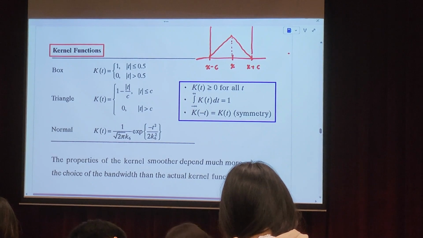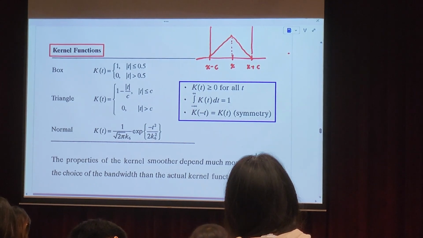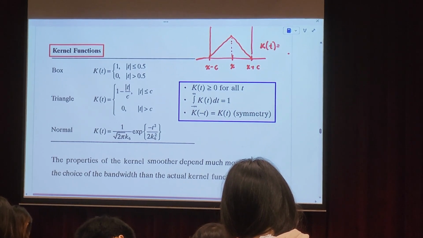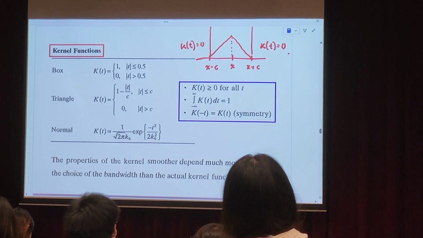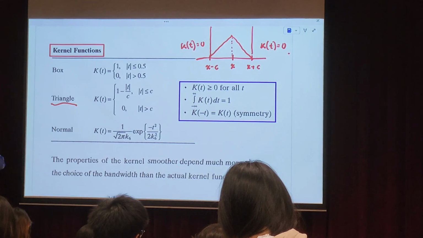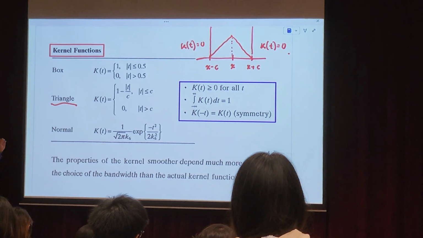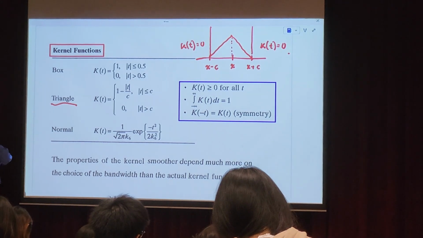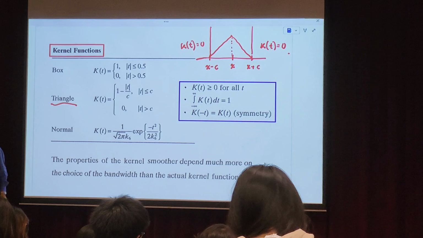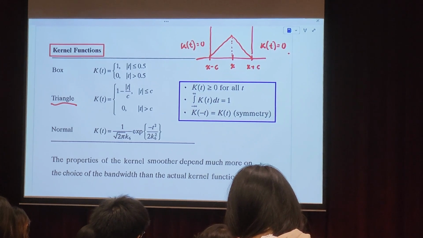Here's x. What that means is, anything outside, Kt is still 0. But inside, I'm not talking about the triangular kernel function. Inside, if it is close to x or exactly at x, the weight given to that observation in calculating the average of y will be the largest.